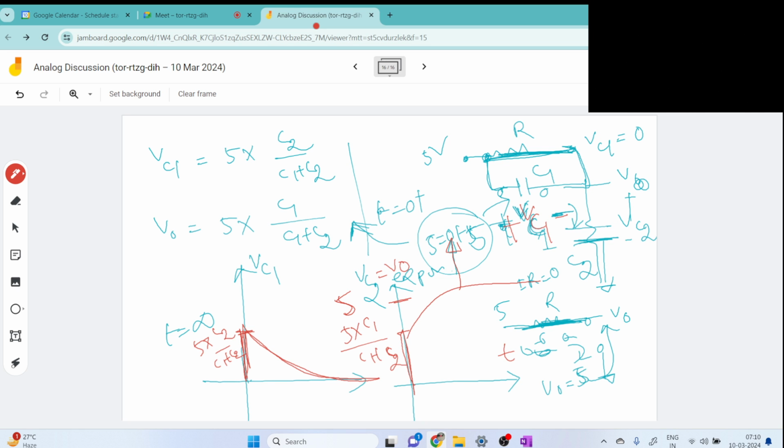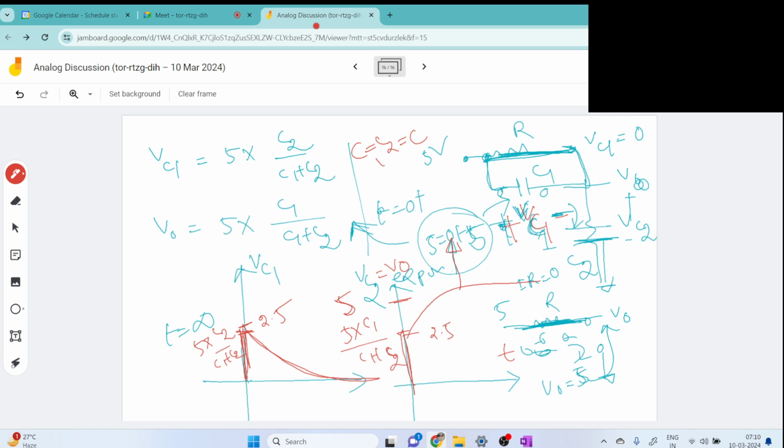There are many interpretations like KCL, KVL, short circuit, open circuit, exponential, linear or instant behavior, so you should explain it this way properly. What we are saying is that both capacitors are charging to some voltages. Let's say C1 equals C2 equals C, so both capacitors charge to 2.5 volt at t equals 0.